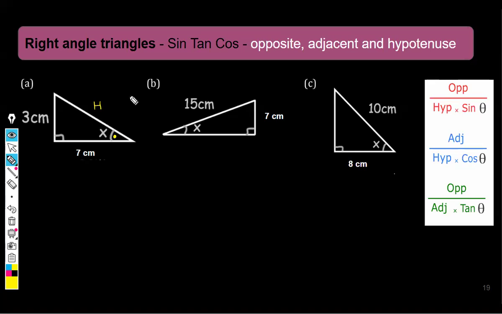So we have to stand by x. If we are standing by x, I think we can all agree that the 3 is opposite. And of course, by default, the 7 becomes the adjacent. So put in your H, O, and E.